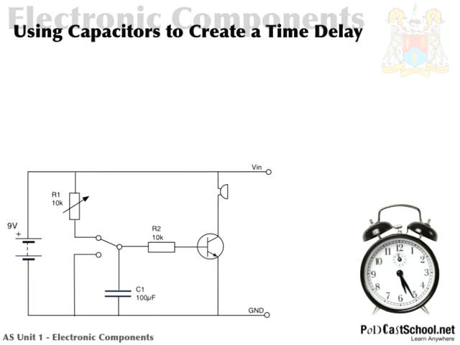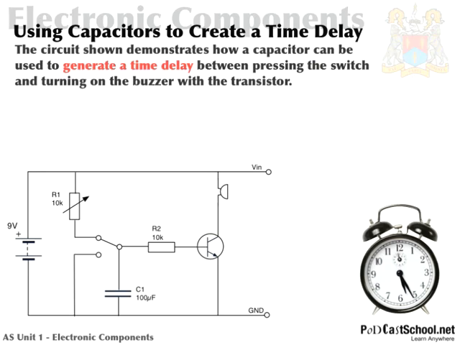Okay, here's a circuit that we can use to actually create a time delay. You can see here that the capacitor has got a switch with it. The 9-volt battery is connected through the variable resistor, and in this position of the double throw switch, the capacitor can be charged.